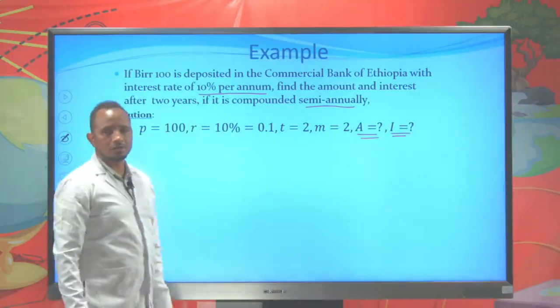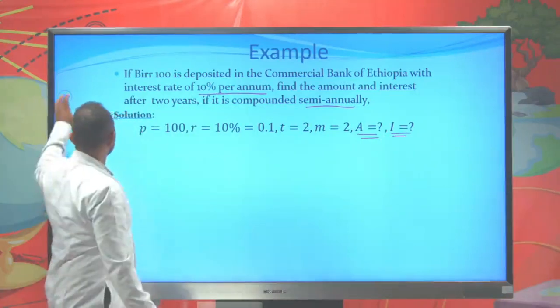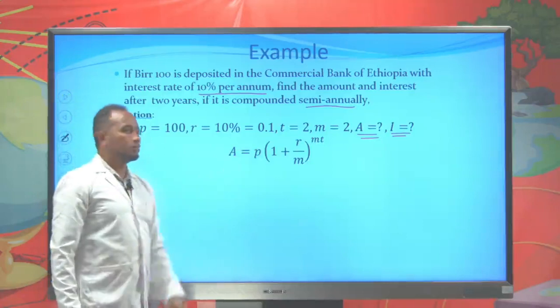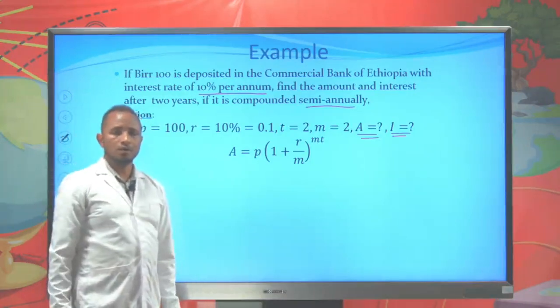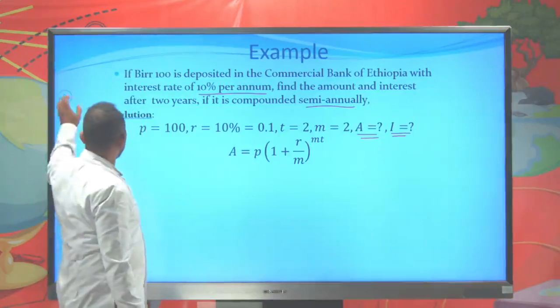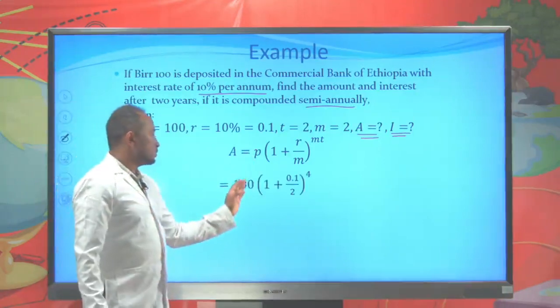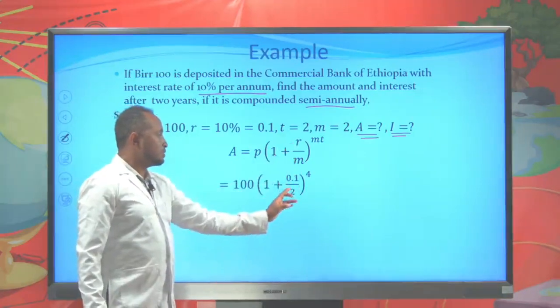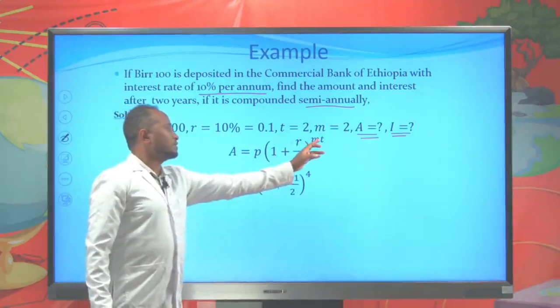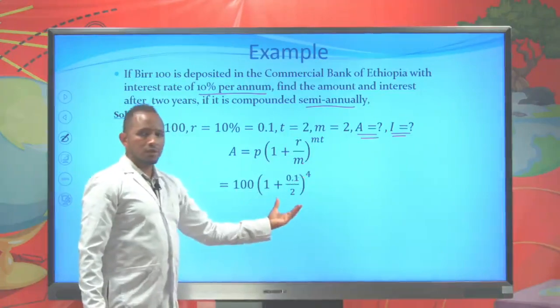So first let's calculate the amount using the formula. This amount is equal to P times 1 plus R over M, to the power of MT. So putting in the numbers, P is 100, 1 plus R is 0.1 divided by M is 2, to the power of 2 times T is 2, 2 times 2 is 4. You'll have this.